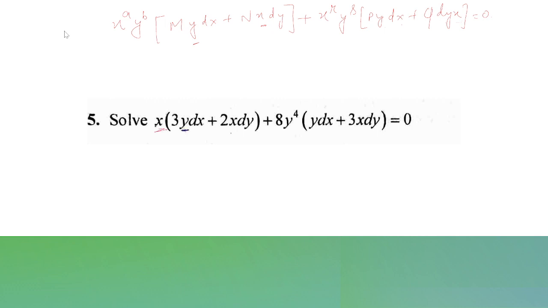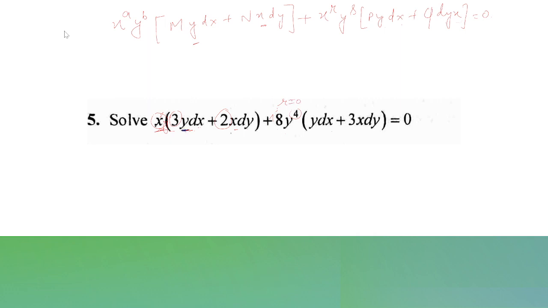So comparing with this, here x raised to power 1, y raised to power 0, 3y dx means 3 is m and we multiply y and dx, plus 2x dy means 2 is n and x dy, plus 8y raised to power 4, so s is 4 and r is 0, x raised to power 0, into y dx.